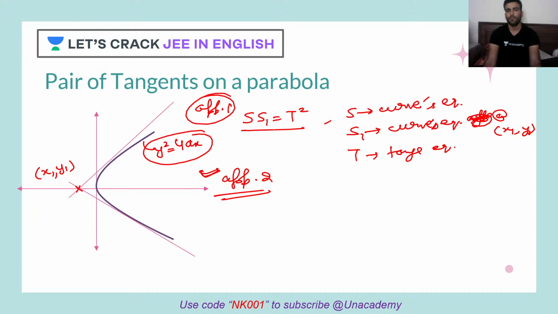The reason is, you can find the pair of tangents, but from the pair of tangents, if you want to find the individual tangents' equations, you have to factorize. So it's again a process, right? And you end up wasting your time. So why don't we, from the beginning itself, find the individual slopes and get the equations separately?